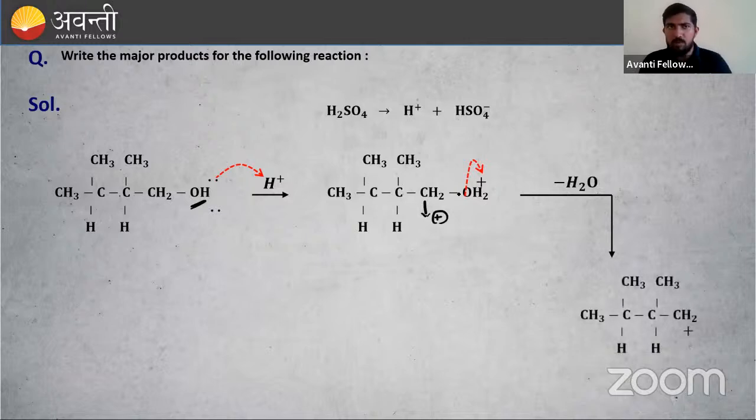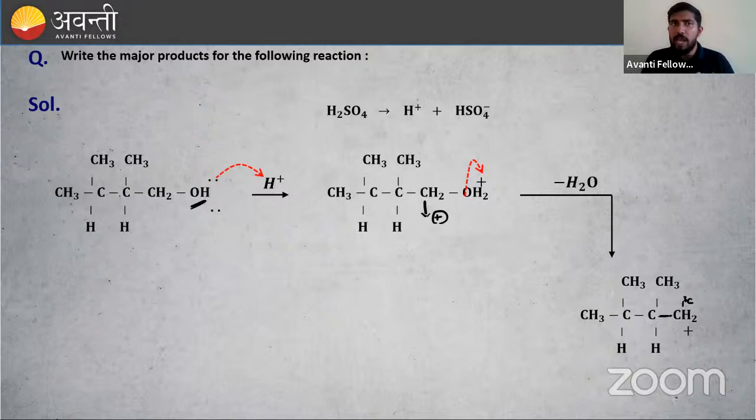Now you have to tell me which carbocation is formed: primary, secondary, or tertiary? How to check that? Check the carbon. This carbon is attached to one carbon atom, so it is a primary carbon.